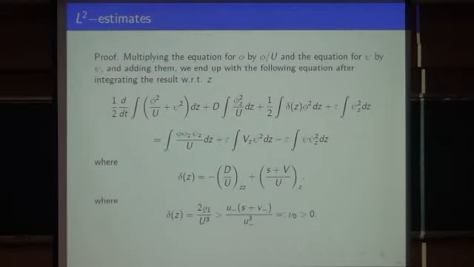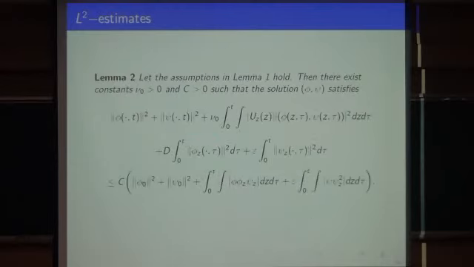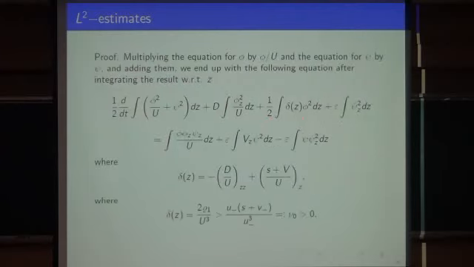And make use of the fact that epsilon is small. And so you can combine this estimate all together. At the end, you get this one. So you see this good term in here, and this is good.